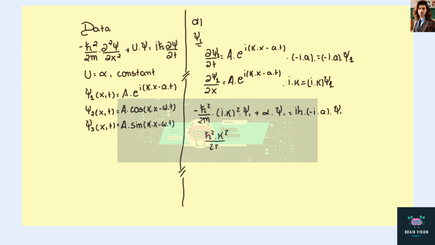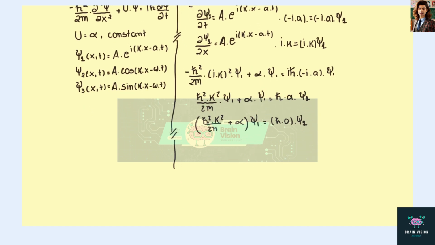This is divided by 2 times m and multiplies psi 1, plus alpha times psi 1 is equal to h bar times a times psi 1. Therefore, we have h bar squared times k squared divided by 2m plus alpha times psi 1 being equal to h bar times a times psi 1.